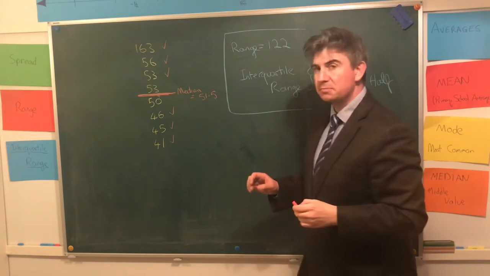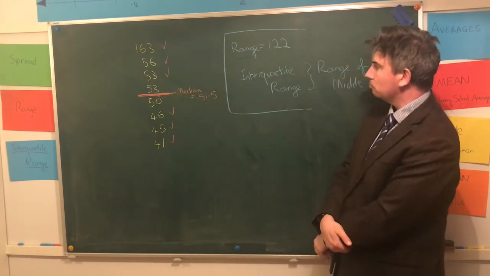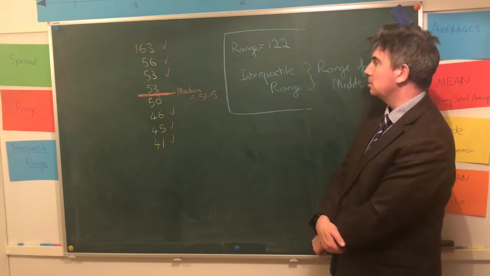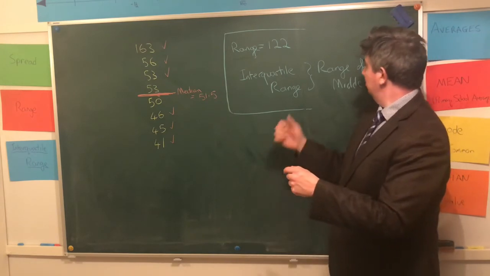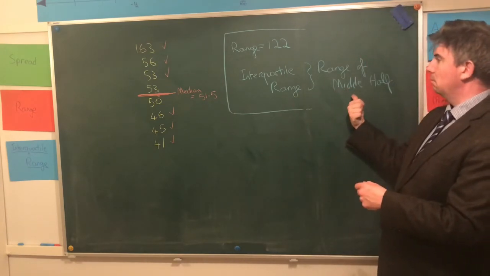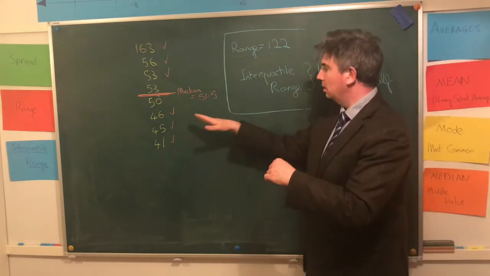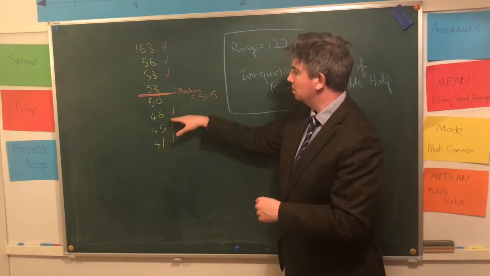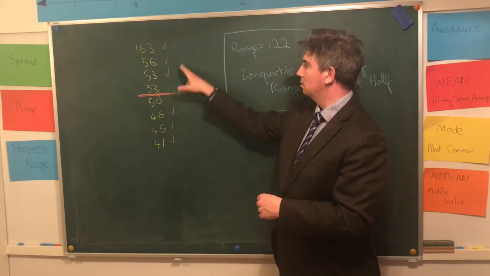So I've now carved my data into a lower half and an upper half. The middle half will begin at the end of the first quarter and extend to the end of the third quarter.